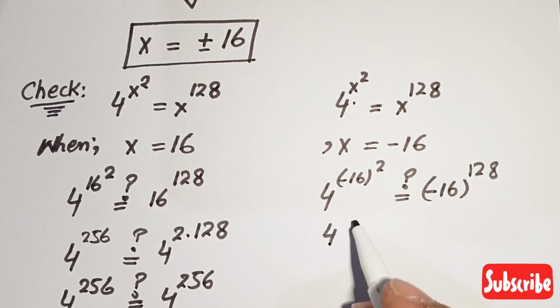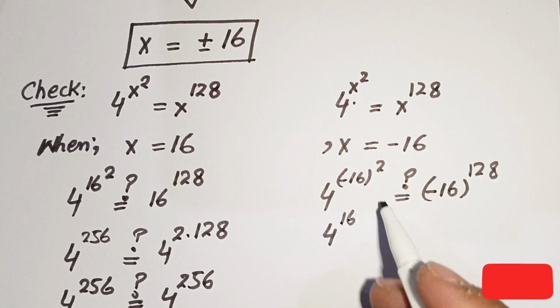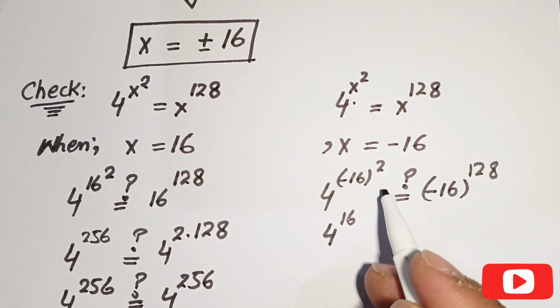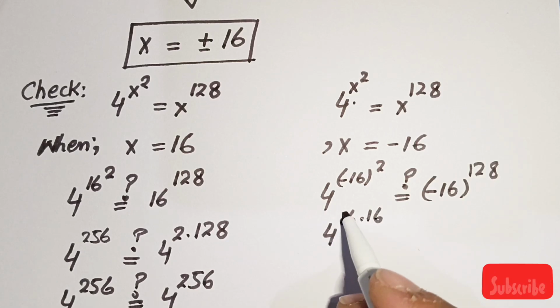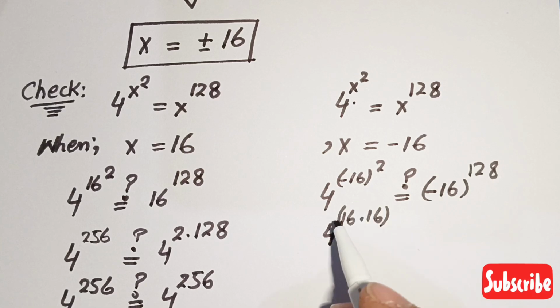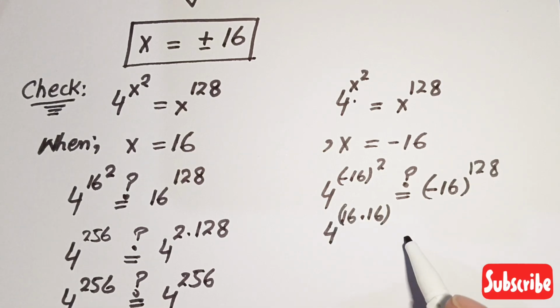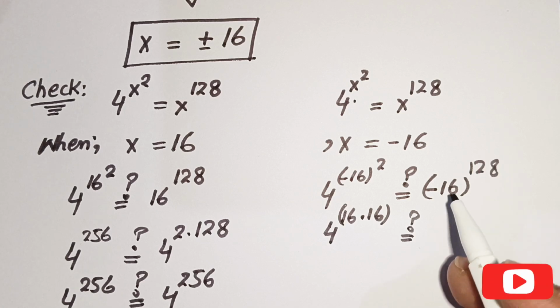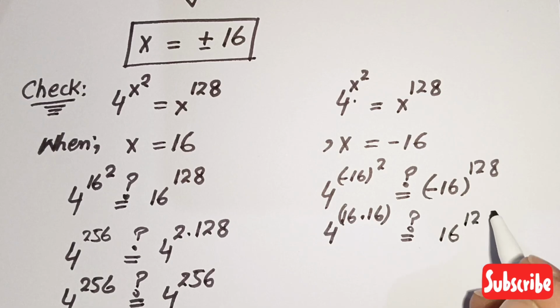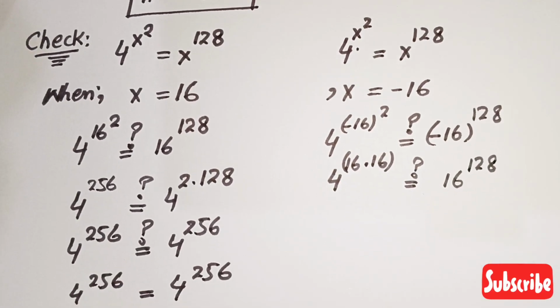So we have 4 to the power 16 squared, that is minus 16 times minus 16. Minus times minus is plus here, so 16 times 16, and since it is an even number, the value of 16 will be positive, then we get 16 to the power 128.